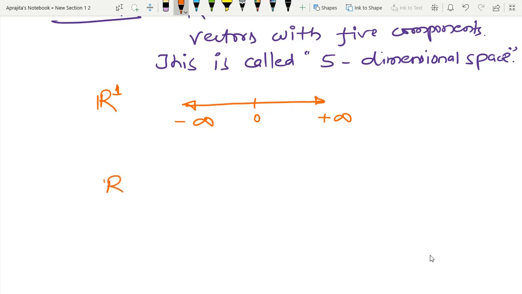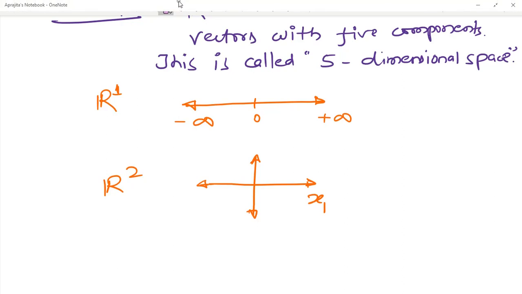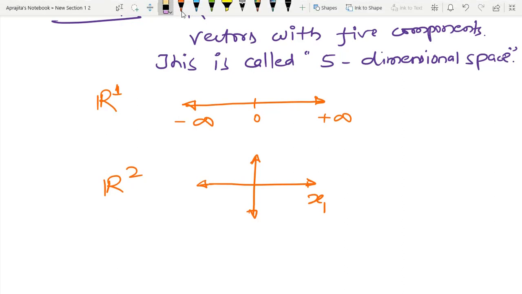Similarly, the meaning of R2: this time I am going to take two real lines. I am going to denote this axis as x1 and this axis as x2.